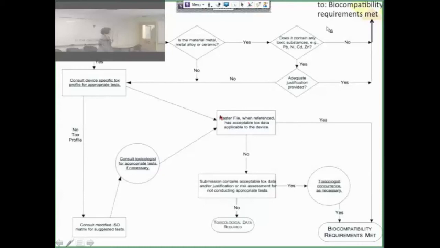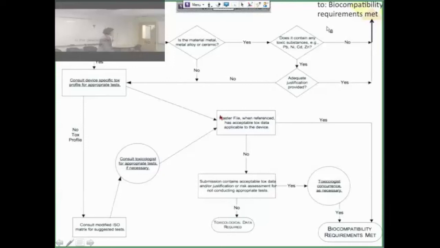If it is a polymer, you have to do specific toxicology profiles. You have to go to the master file. You have to have a master file that has acceptable data. You have to consult the modified ISO matrix for suggested tests. You just have to do a lot of tests if it's a little bit different.